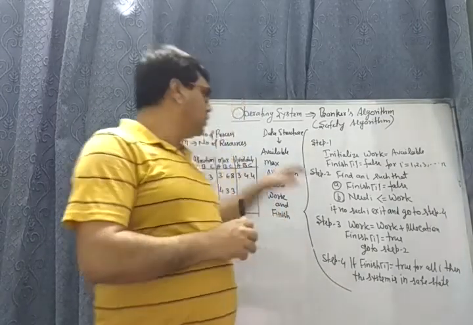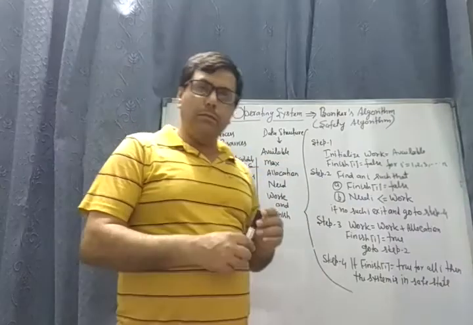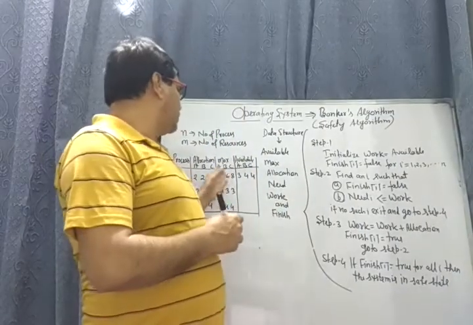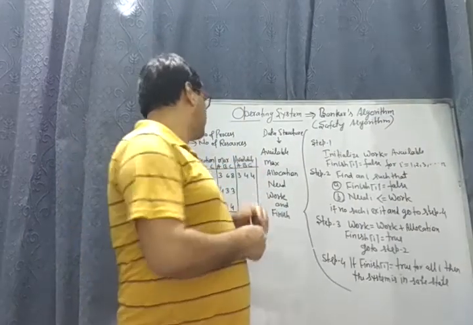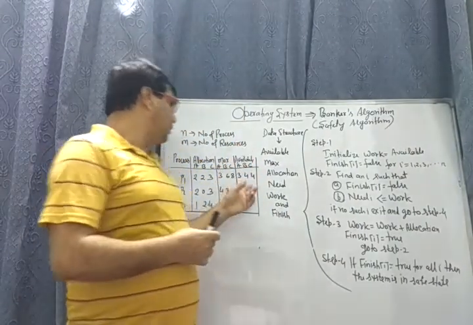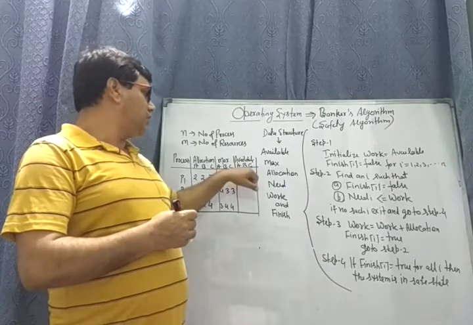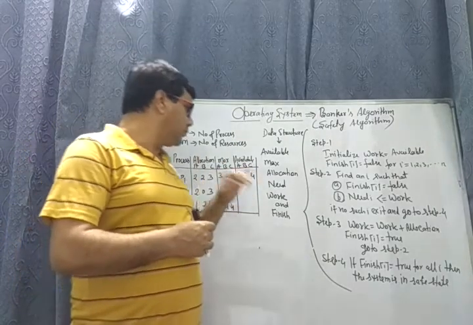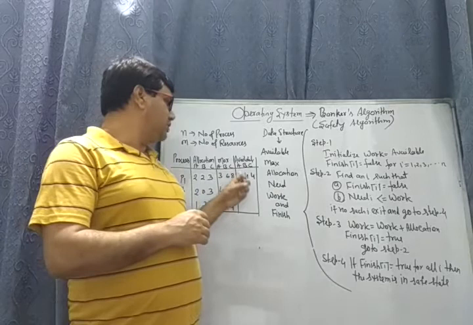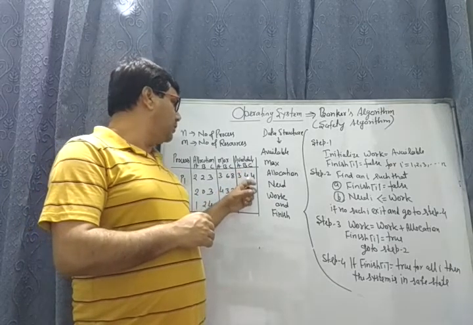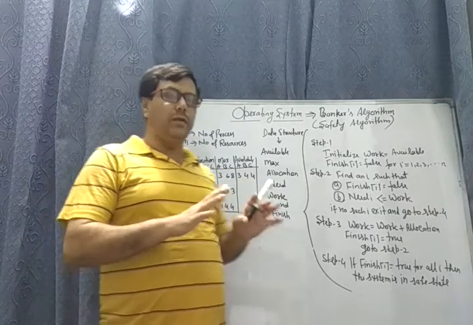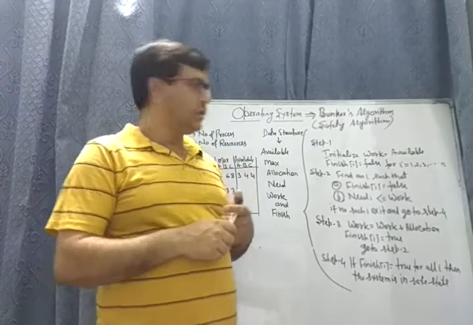It denotes the available number of instances of different resources. Like here in this example, there are three resources A, B, and C, and three instances of A, four instances of B, and four instances of C are available in the system.